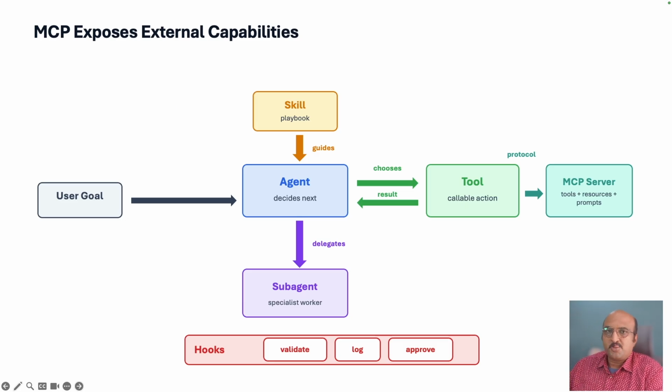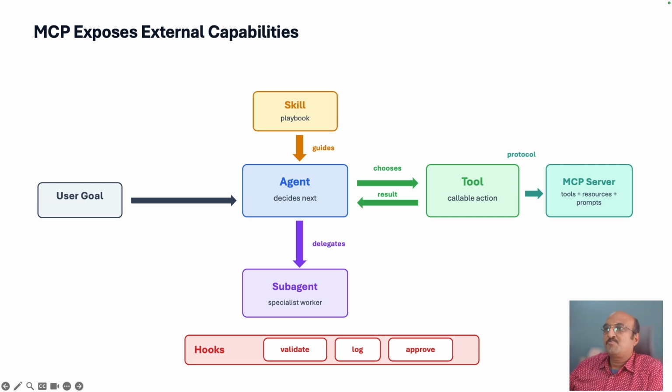They can just install that particular MCP server and use it. So you can think of it like another port to your tool, using which the agent can interact with the external world or external systems.